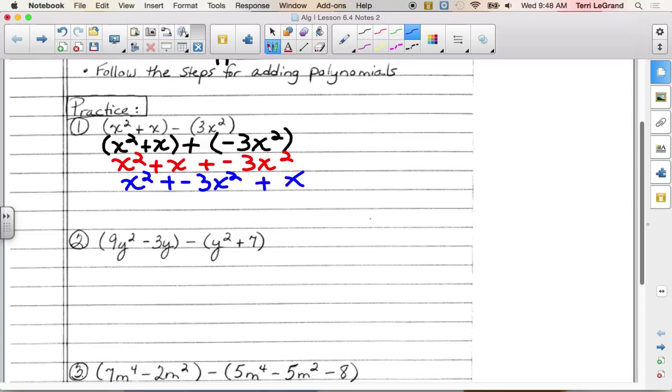And if you don't, so be it. But you are going to show me this, getting it ready, making it into an addition problem at least. Okay? So what is our answer for this one? Negative 2x squared plus x.